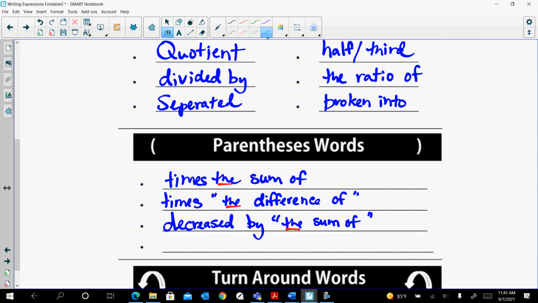So decreased by the sum of, or I can have decreased by the difference of. But to me, the word the is what's important.